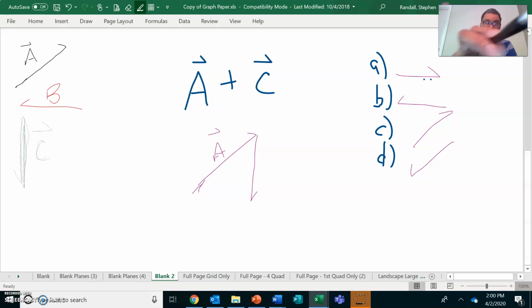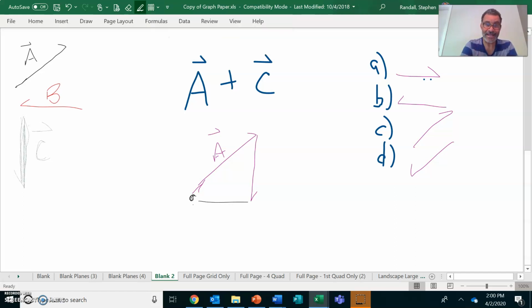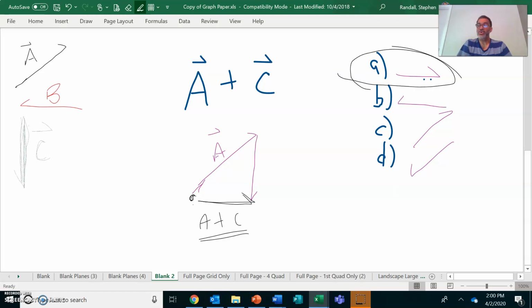Well, we started here, and we ended there. So this is A plus C, which is, of course, answer choice A. If you picked answer choice A, you're doing wonderfully.